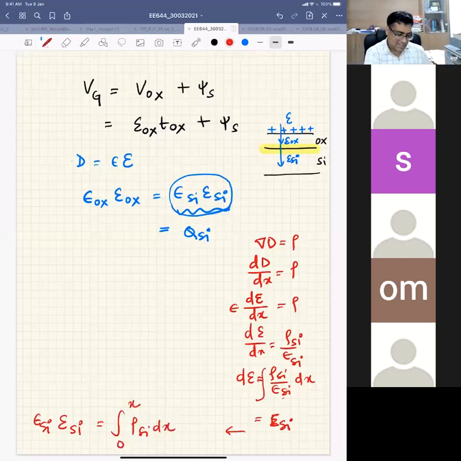And this part is nothing but the total charge in the silicon. So here I could also write this as your Eox, the electric field, times your oxide thickness.